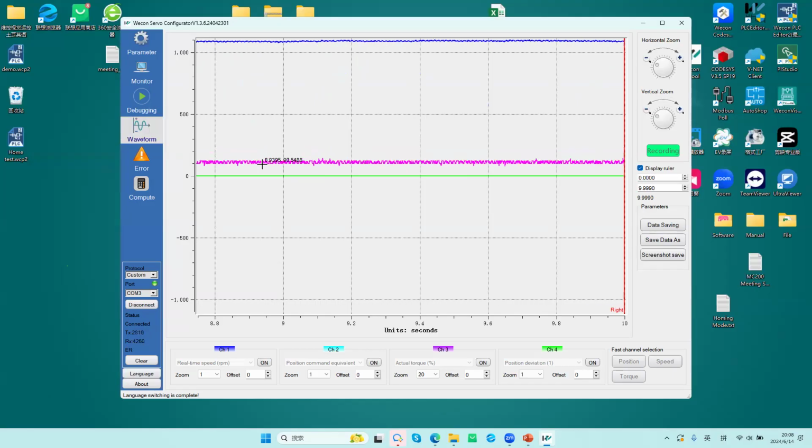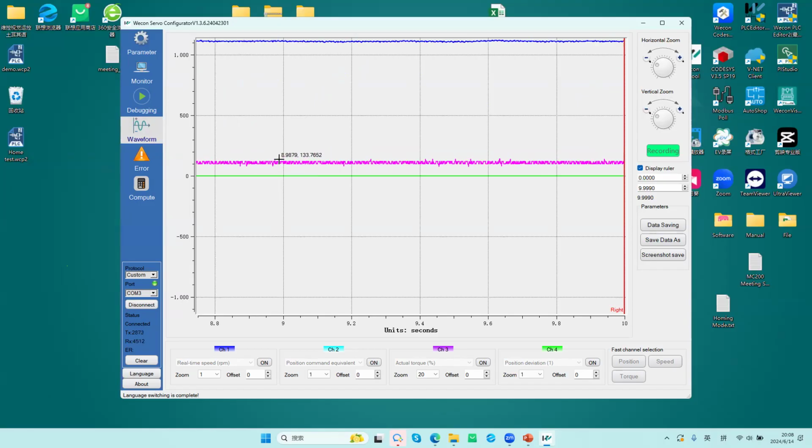Now I change the torque to about 6%. And you can see the speed is bigger.